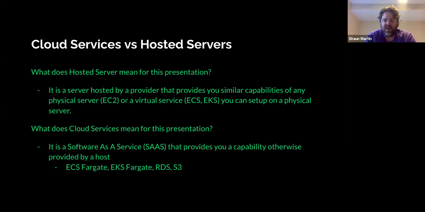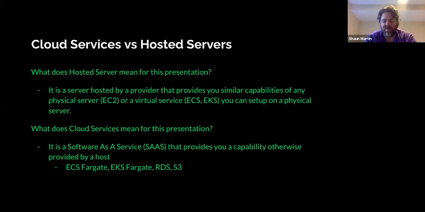So for cloud services, we mean something that's truly software as a service that you just throw in the cloud and it goes off. So ECS Fargate, EKS Fargate. RDS is this weird hybrid. Really shouldn't be, because you do have to manage some layers, but it is just hosted in the cloud.